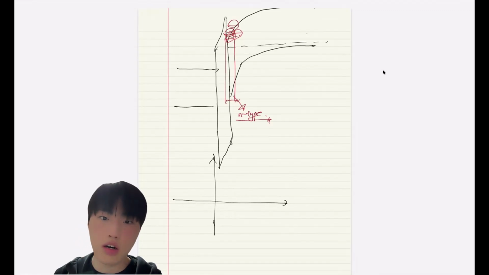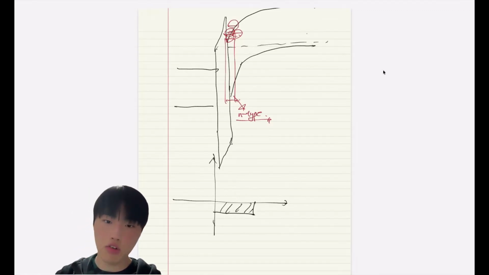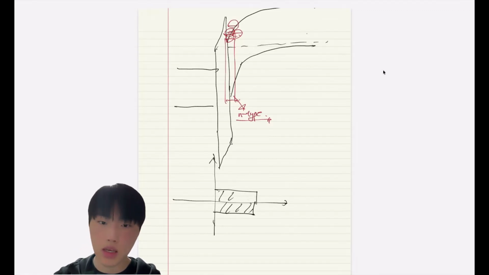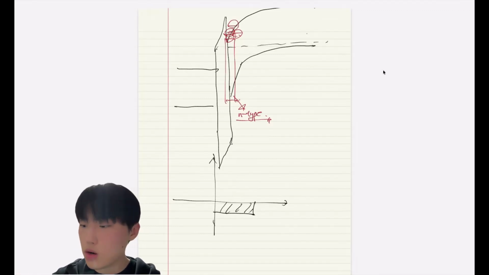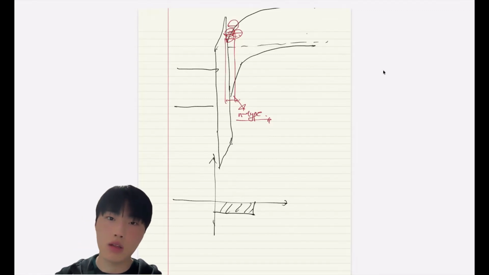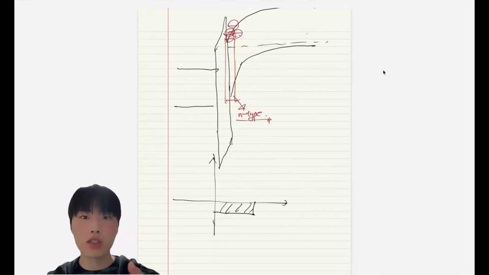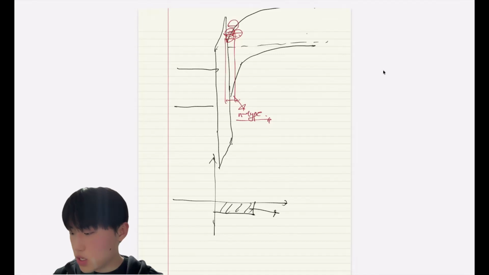Actually the acceptor ions are negative, so the charge density will be like this. It was my mistake. So in the depletion region there will be some acceptor ions, because they are fixed on the surface part.